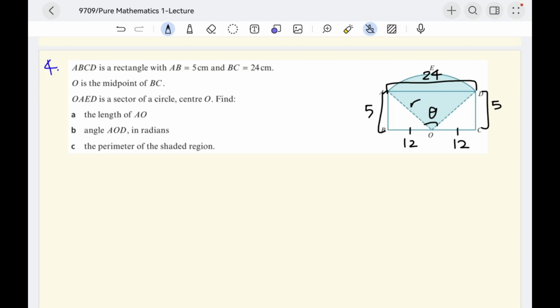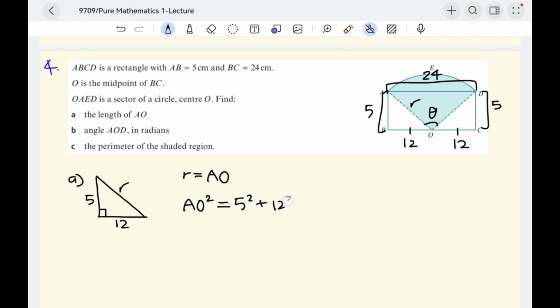Since the length of AO is a radius, if you remove away the triangle, what does the structure of the triangle look like? It looks like this. Here is your 5 with a right angle, of course, and this is 12. I want to find r because r is AO. To find r, we can just use the Pythagoras theorem. For me, I would directly write AO squared equals 5 squared plus 12 squared.